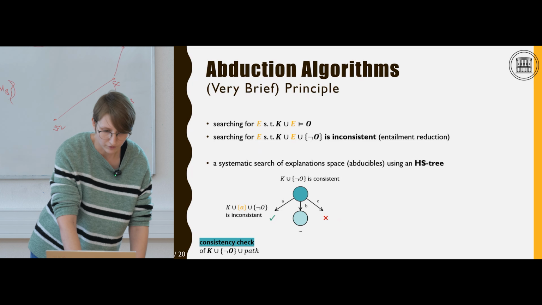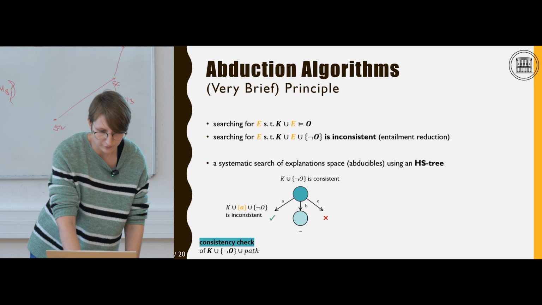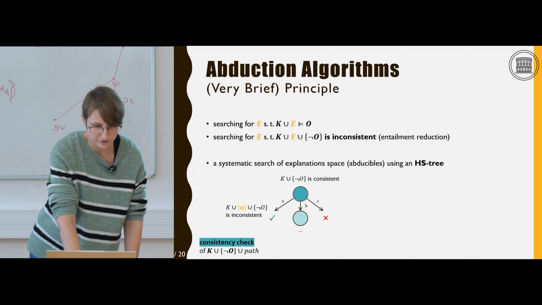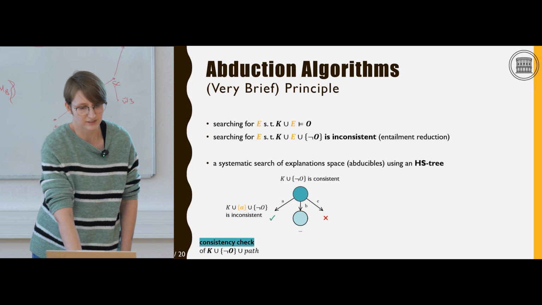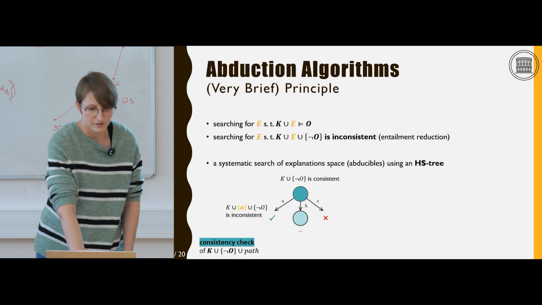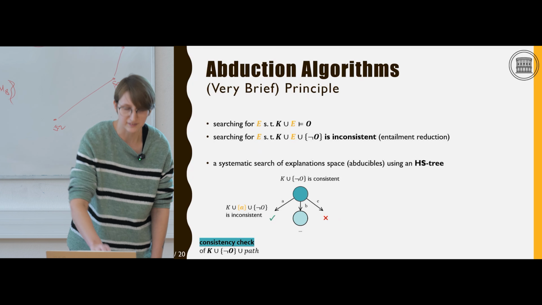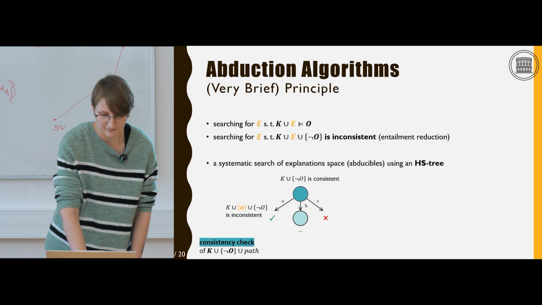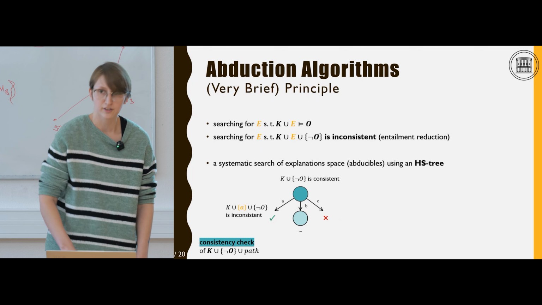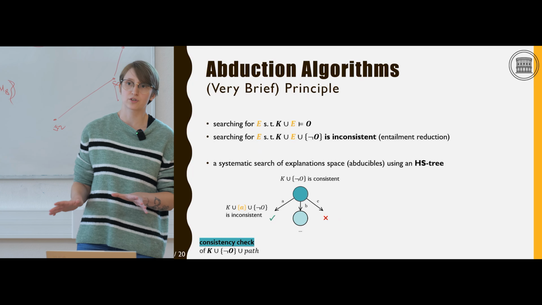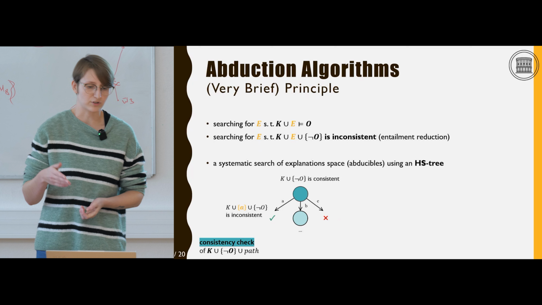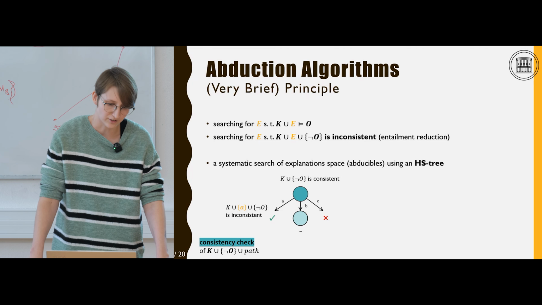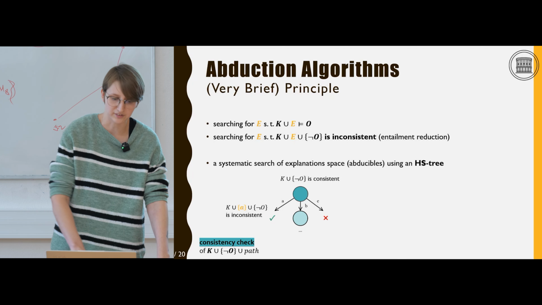So, for example, when we take this path and we do the consistency check of the mentioned sets, we get that it is inconsistent. So at this point, we know that A is our explanation. When we find that the set is consistent, we just continue with the search and create more children and continue with building the tree.